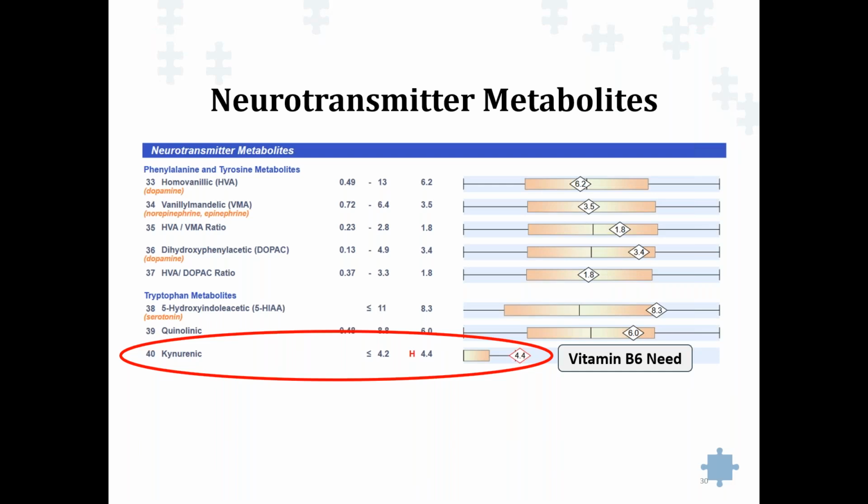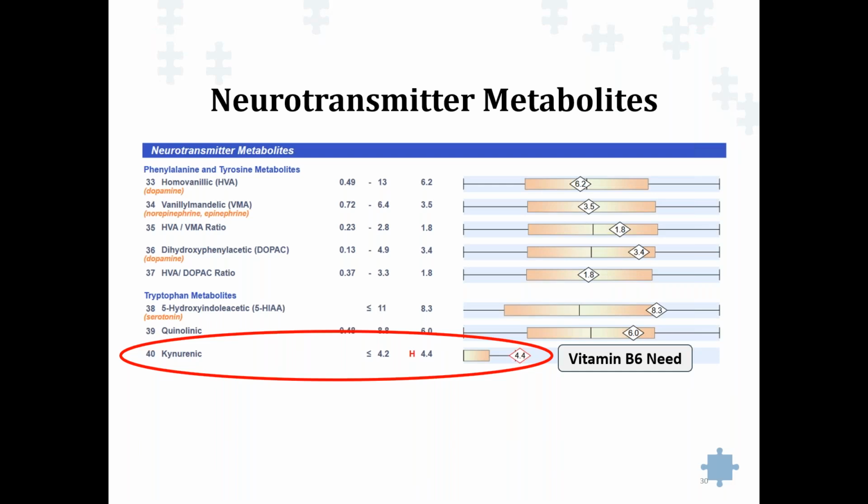In the presence of various stressors, mental emotional stress, physical stress, infectious stress, etc., the body starts requiring more NAD to help in energy metabolism. And we can start to see elevations of quinolinic acid occur because of that. Kynurenic acid is a bit of a biochemical brake against too much quinolinic acid production. So some of that just comes with doing the test and looking at the test over time.